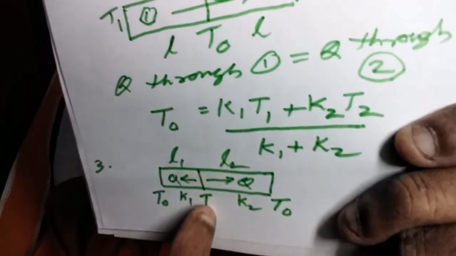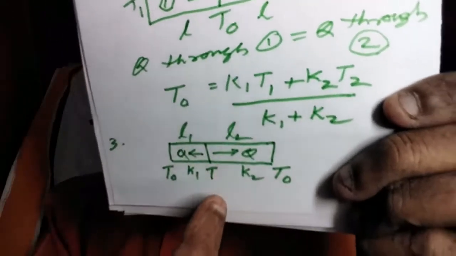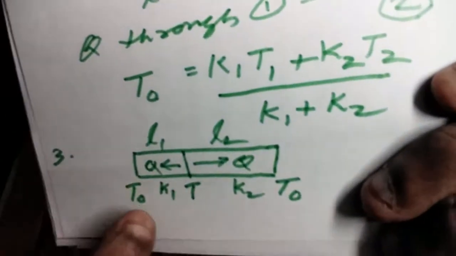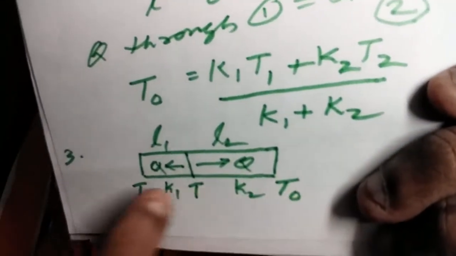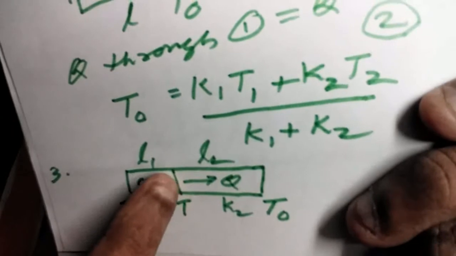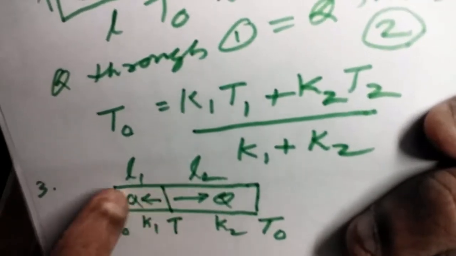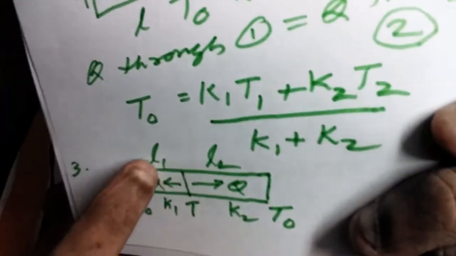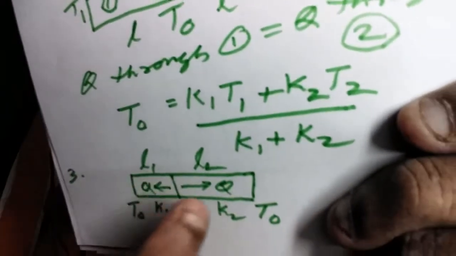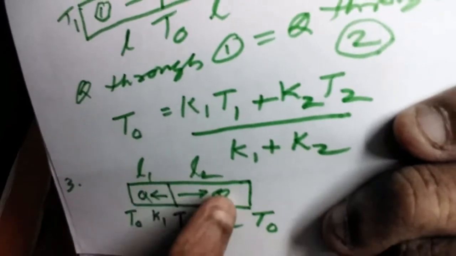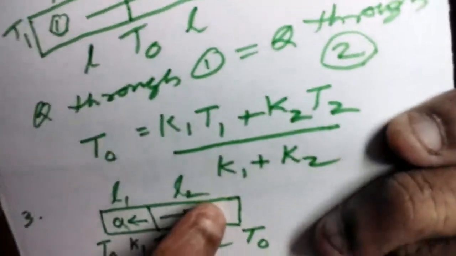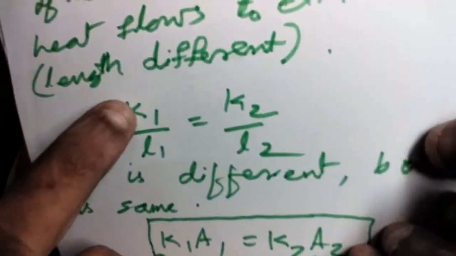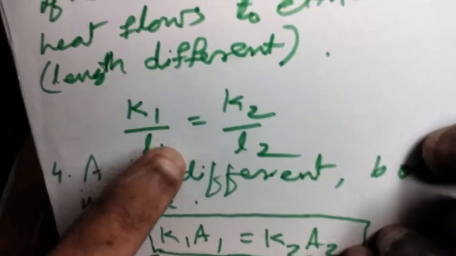And this junction we heat up so that T is higher than T0 and this T0. Then heat will conduct from the junction towards this end and towards this end. If these two heats conducted are the same, then we can form this formula. K1 by L1 equals K2 by L2.